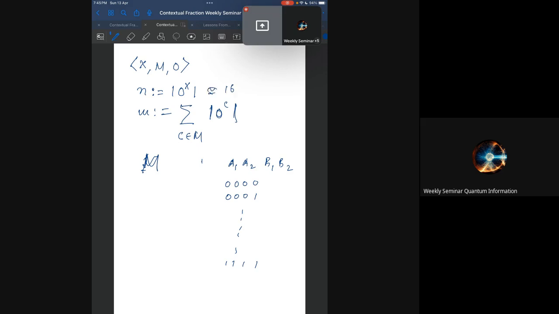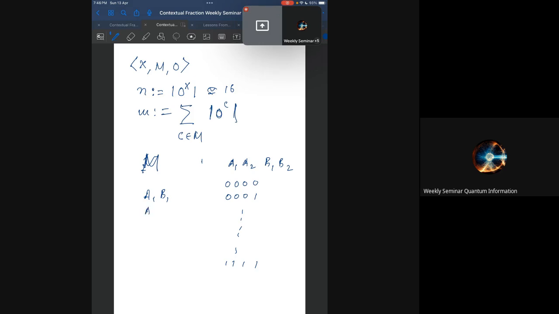Okay, and what is M? Small m is the sum of the cardinalities of the outcome sets of individual contexts, summed over all the contexts. What is your context in this scenario? Your context is A1, B1, because A1, B1 can be measured jointly, right?